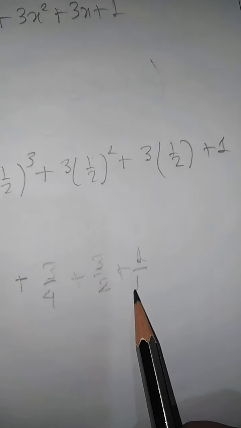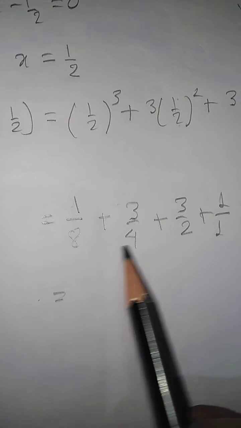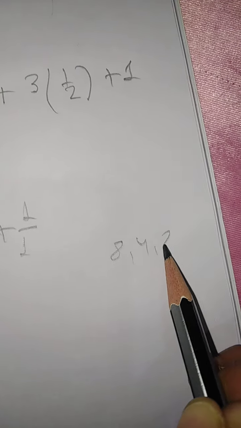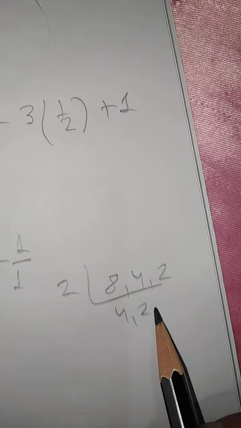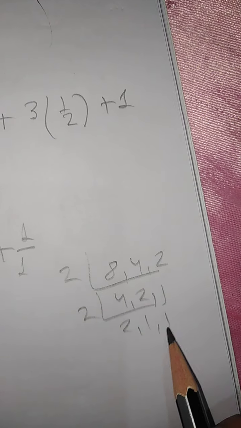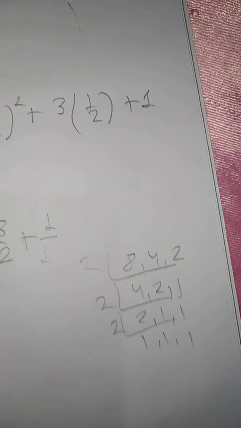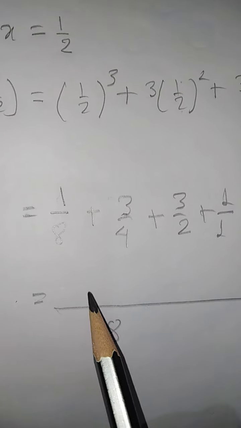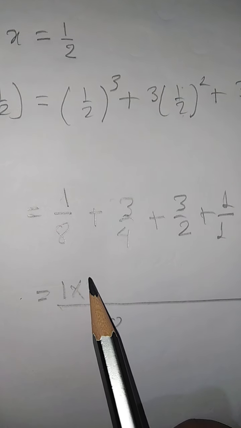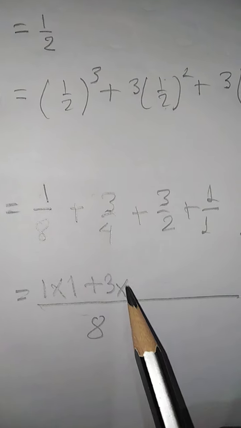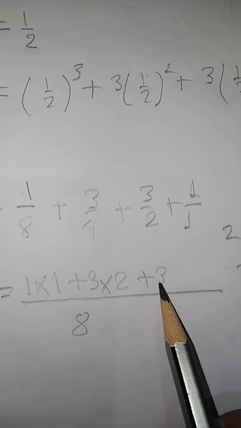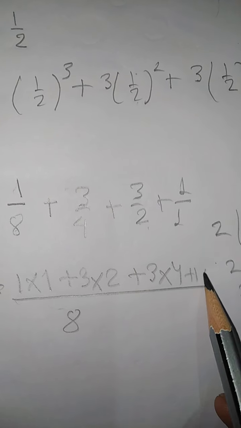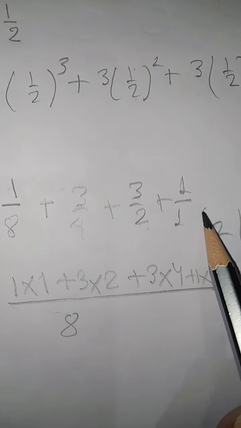Plus 1. Now I hope students you all know if we get fractions, how do we solve it? We'll take the LCM of the denominators. I hope you all know how to find the LCM. So 2 2s are 4, 4 2s are 8. So 8 is the LCM here. Now 1 multiplied by 8 is 8, plus 3 multiplied by 4 2s are 8, plus 3 multiplied by 3 4s are 12, plus 1 multiplied by 8 is 8, divided by 8.